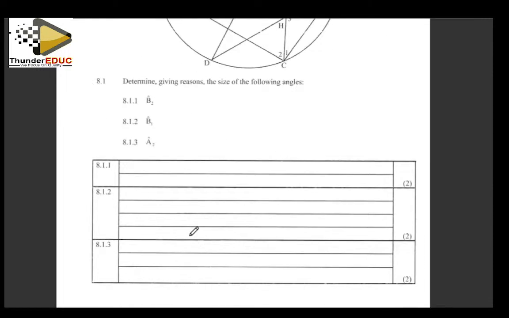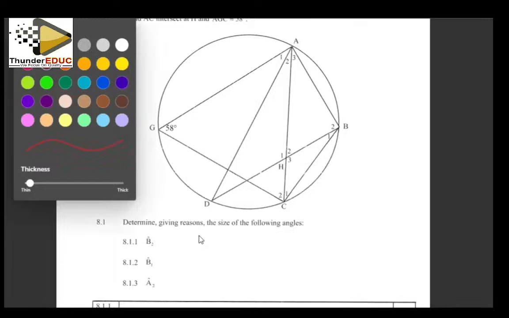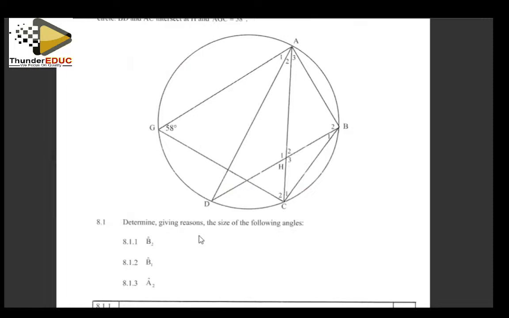Okay. So for me to get B2, what I can see is that this angle here, for as long as we've just agreed that AD is a diameter, then that's going to be 90, because this triangle is touching the ends of the circle.